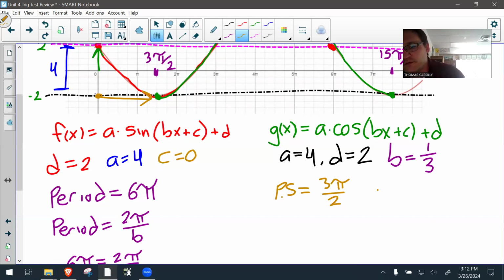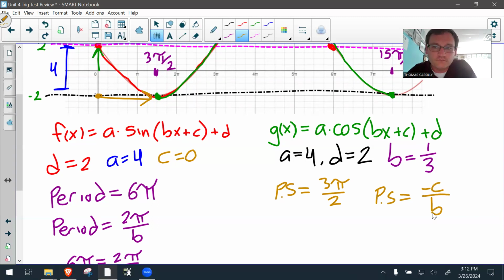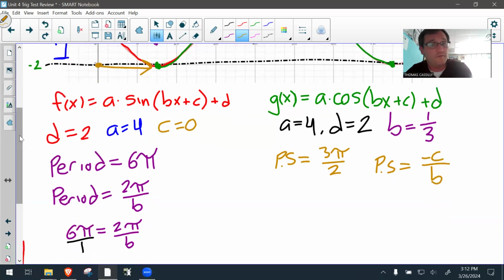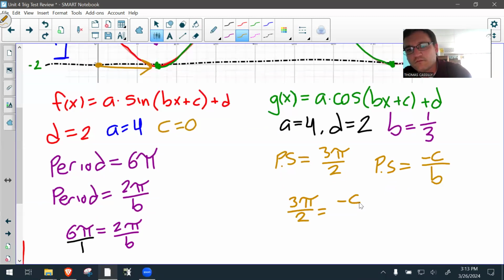And of course, we know the phase shift to find the c value is negative c over b. Right? So plugging in everything we know, b, we know the phase shift. I'm going to say 3 pi over 2 equals negative c over 1/3.